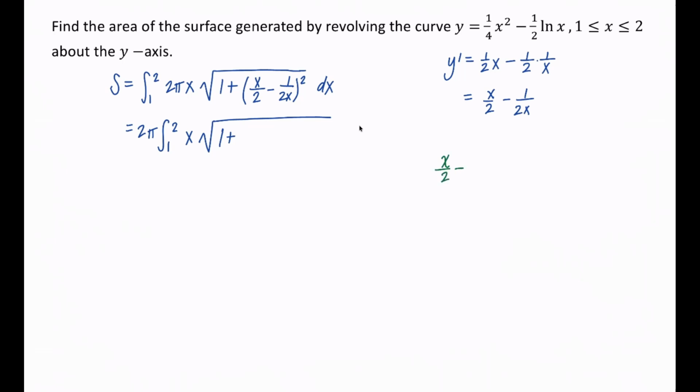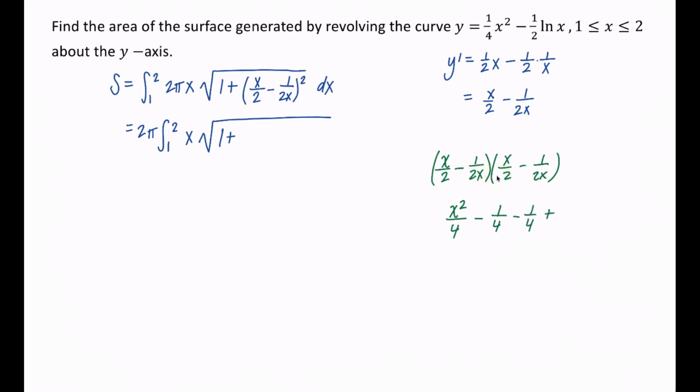So x over 2 minus 1 over 2x times itself. If I do that, I'm going to get x squared over 4. And then outer here, the x's are going to cancel, so I'm going to have a minus 1/4. And then same thing with inner, the x's are going to cancel, so I'm going to have another minus 1/4.